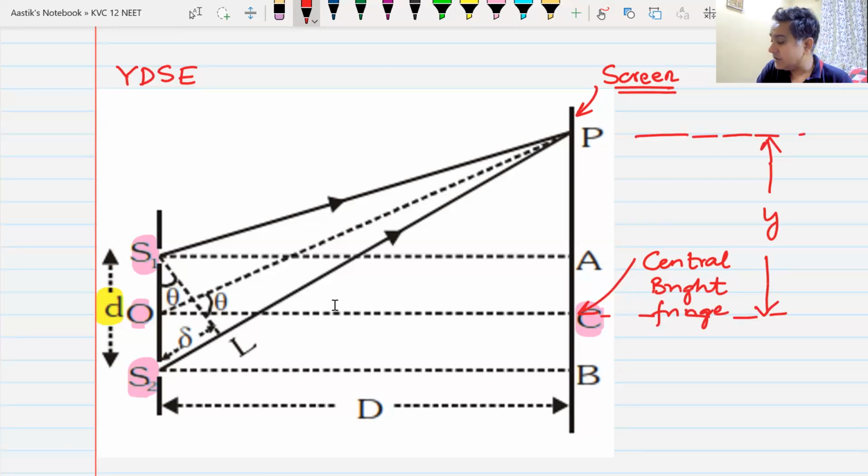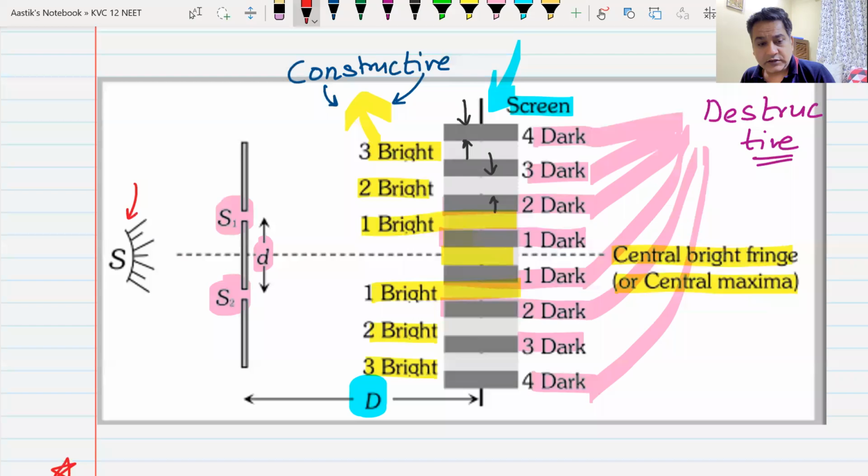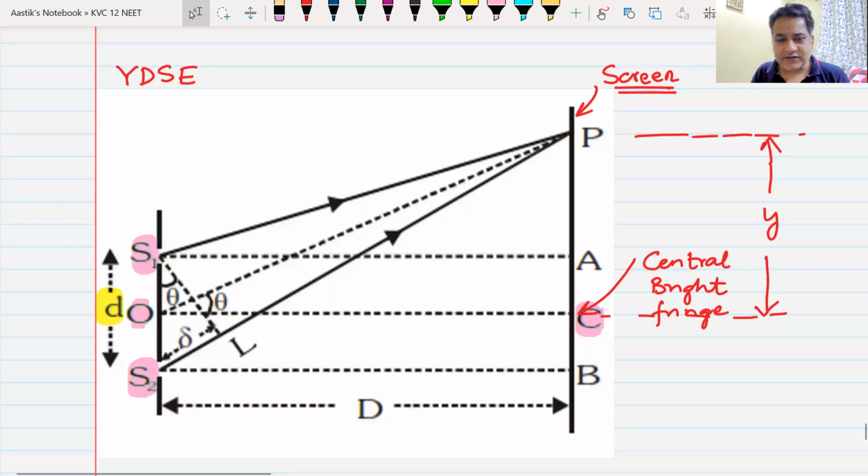As you can see in the previous diagram, you will have dark and bright fringes above C. You will also have similar dark and bright fringes below C. Do we understand this? Yes or no? Yes, sir. You can take it above C or you can take it below C. Normally when we do the derivation, we take it above C.